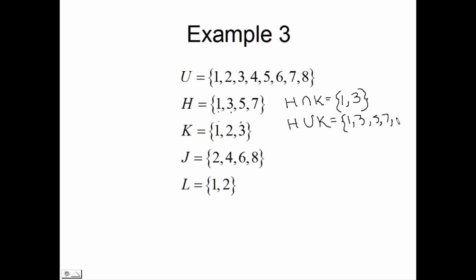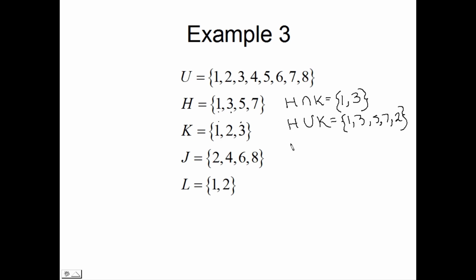So if we look at K, what's in it? 1, I already listed it. 2, ooh, I haven't listed it, so it needs to be here because 2 has to be in the union as long as it's in either H or K or both. So 2 needs to be listed. What about 3? It needs to be listed, but it's already there. I don't need to list it again. I only list them once. So that's H union K.